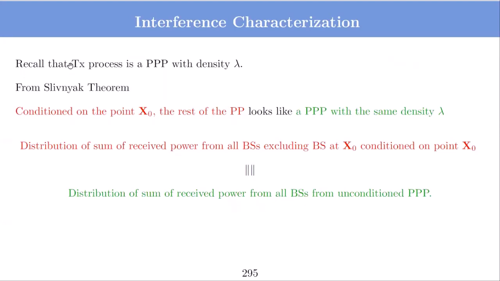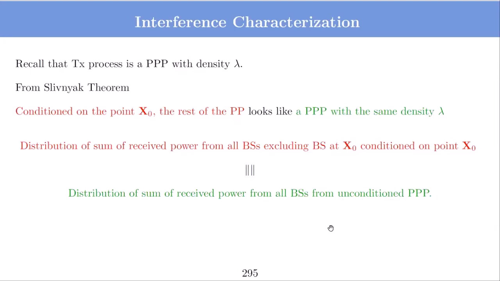Recall that the transmitter process is a Poisson point process, and we are conditioning on a point at x0. But from Slivnyak's theorem we know that, conditioned on the point x0, the rest of the point process still looks like a Poisson point process with the same density. So the distribution of the sum of received power from all the base stations excluding the transmitter at x0, conditioned on the point x0, is the same as the distribution of the sum of the received power from all base stations of an unconditional Poisson point process.